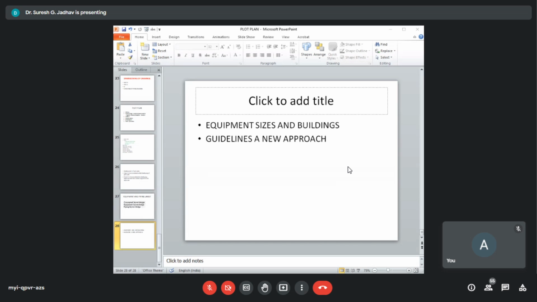Now next criteria is guidelines, a new approach in piping layout. These layout guidelines for major equipments are based on minimum distance required between various types of equipments to meet the insurance regulation.